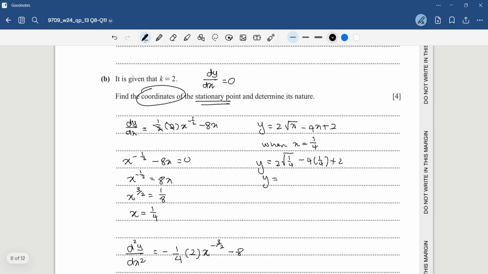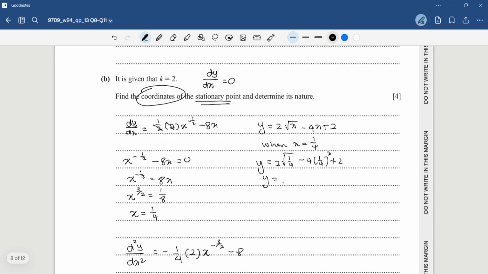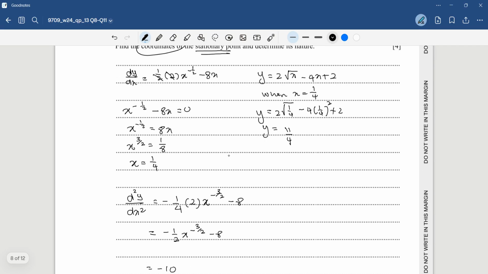So my y is equivalent to 11 over 4. So the coordinate of the stationary point is (1 over 4, 11 over 4).